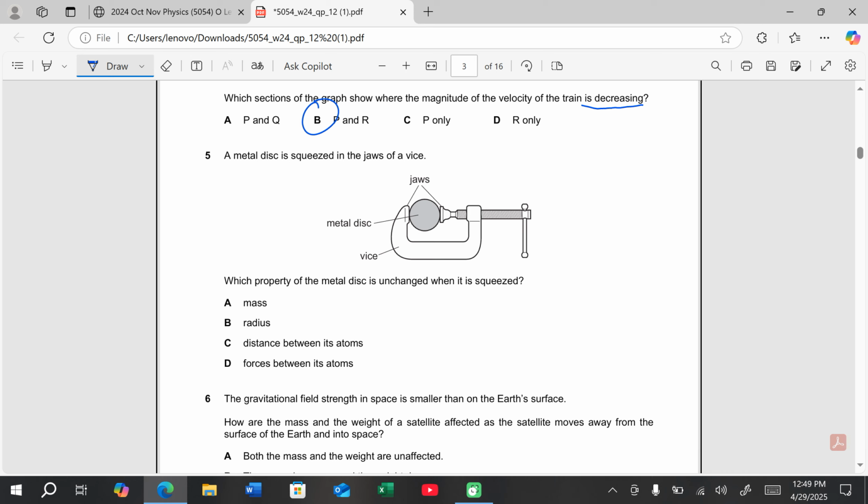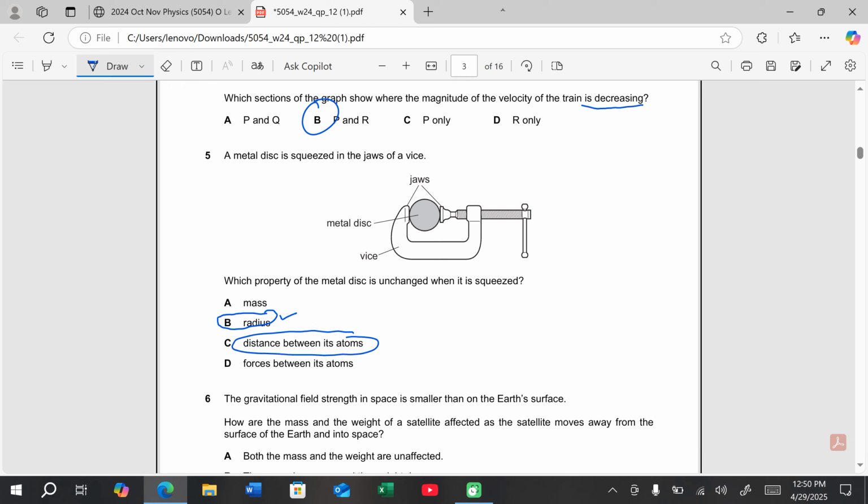Okay, when it is squeezed, since this is a disc, when you apply some pressure it might change its radius. So that radius is changing, right? And if I see the distance between the atoms, yes, because we are compressing it, the distance might change as well.